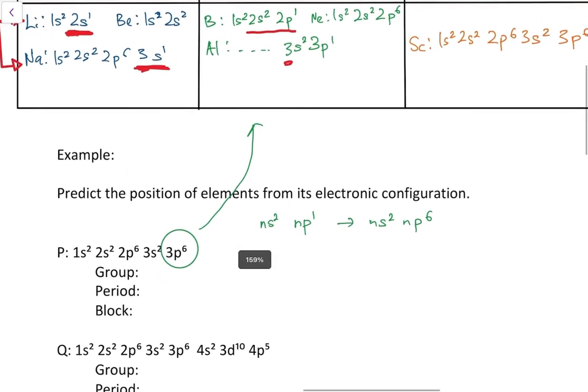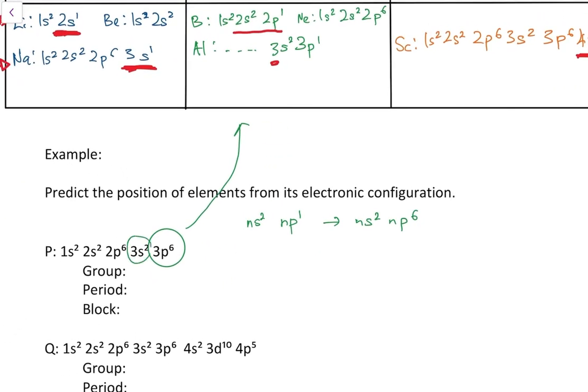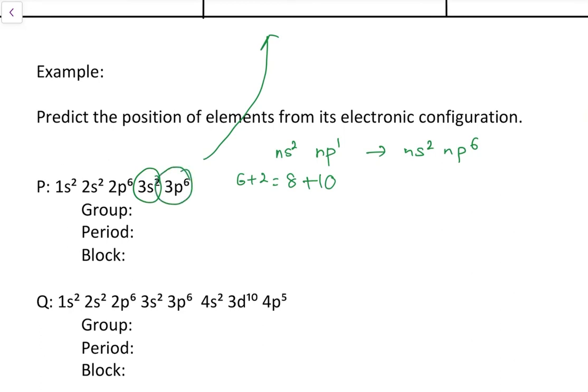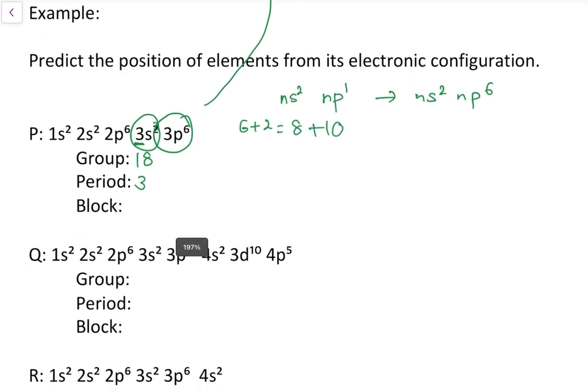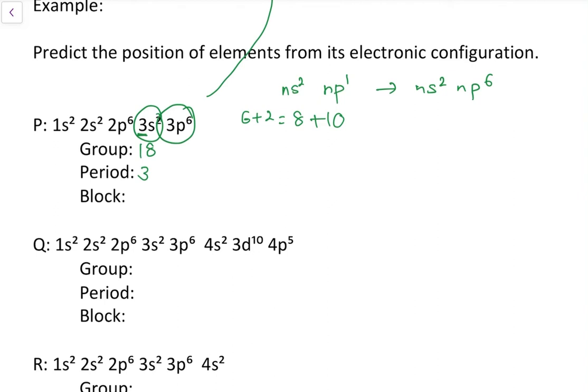Alright, so in this case, 3s2, 3p6, right? So 2 plus 6 you get 8, 8 plus 10 you get 18. So this element comes from group 18. In a period, the highest principal quantum number for this element is 3, so that means it comes from period 3, and the outermost electron is in P, so it is P block.